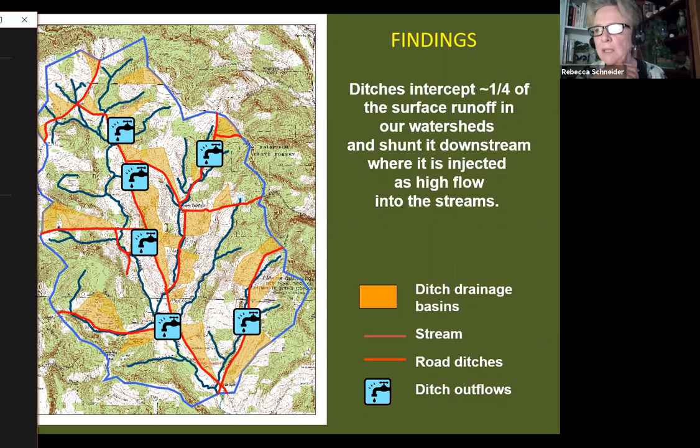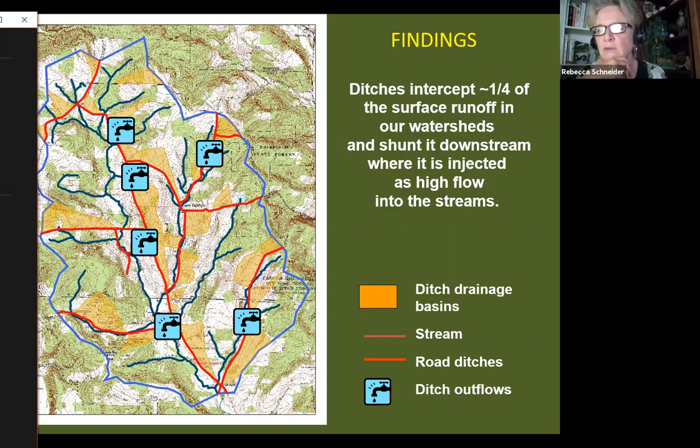So on this map, the blue line is the watershed divide. The red is the road network. This is a watershed down in Camden, New York. The dark greenish blue is the actual stream channel network. And actually we found there are about 94 places where ditches dump into the streams in every watershed on average.